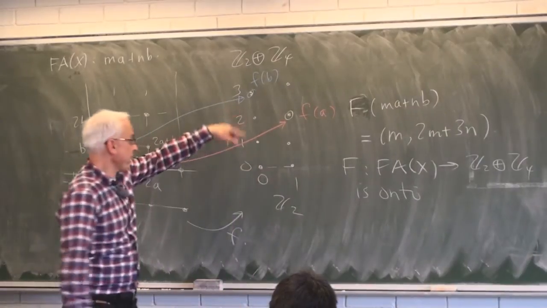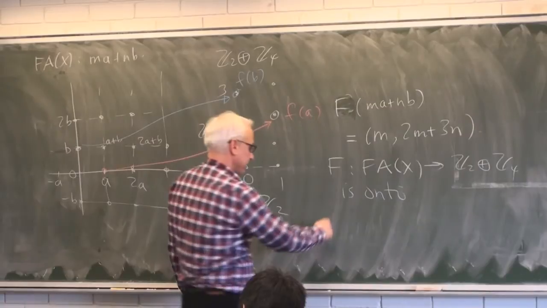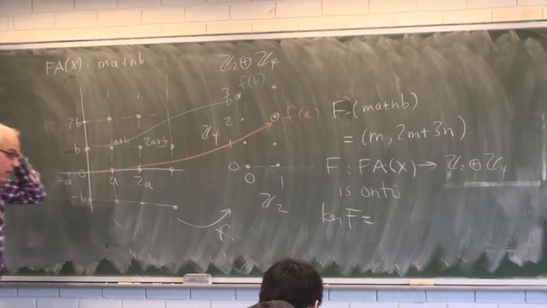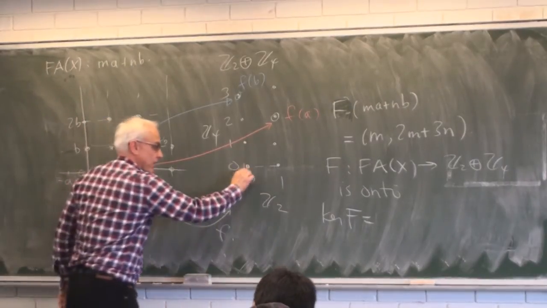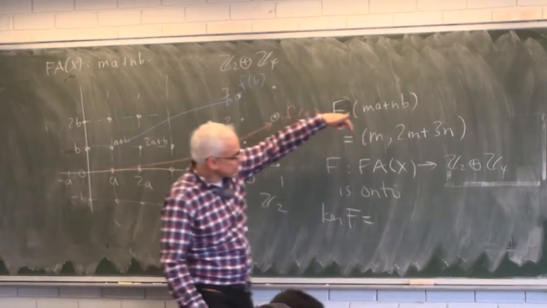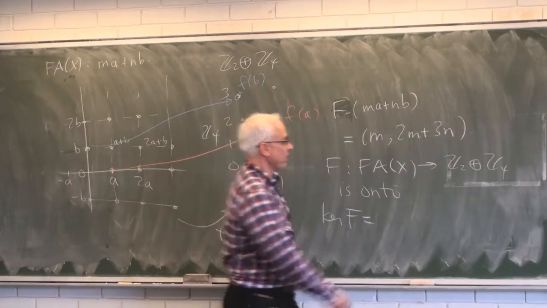So every element can be covered of these 8. And what's its kernel? This is interesting. What is the kernel? The kernel consists of those elements here that get sent to the identity element, which is right here. So we have to ask, when is this thing going to be 0 in Z2 plus Z4?